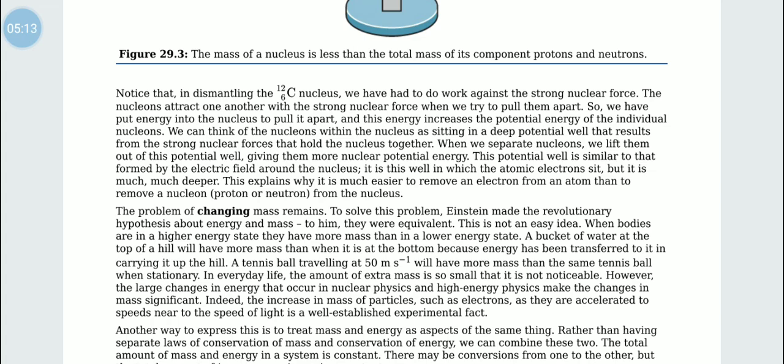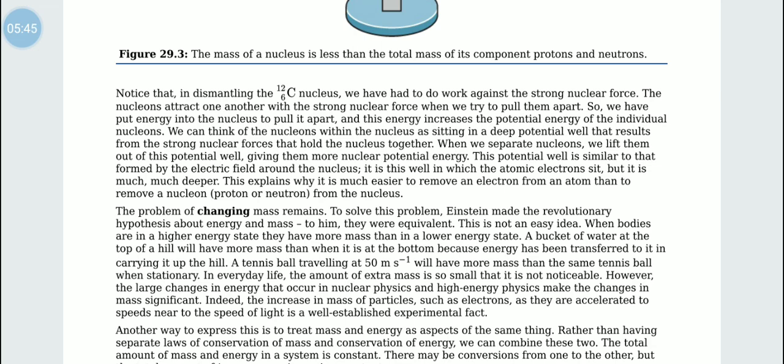So Einstein developed a hypothesis about energy and mass, which he considered to be equivalent. Now, in the earlier lesson, we discussed that photons are energy packets, and they act as particles, which means they act as something that has mass. So this is another development on the same theory.